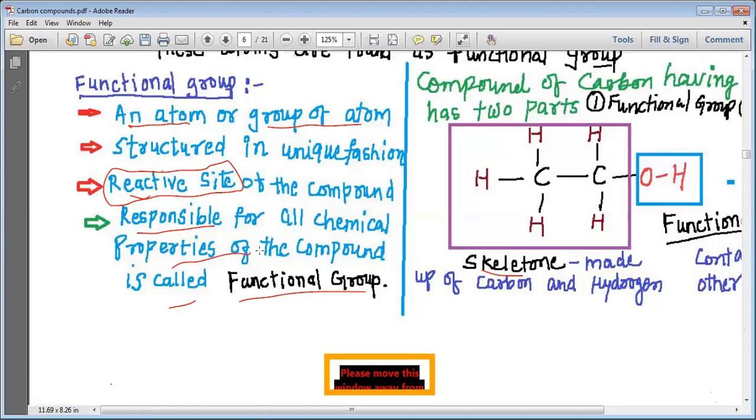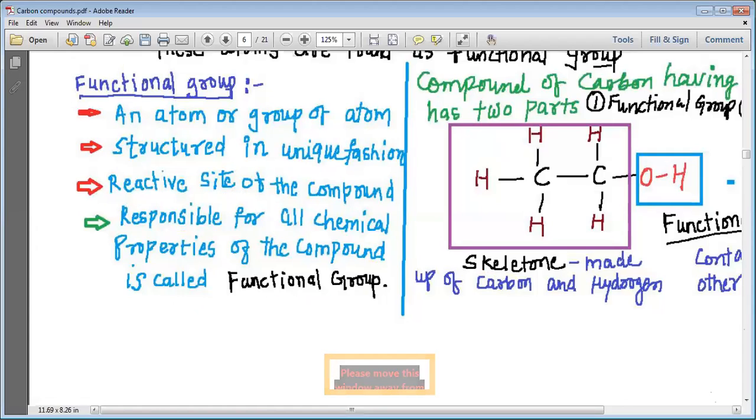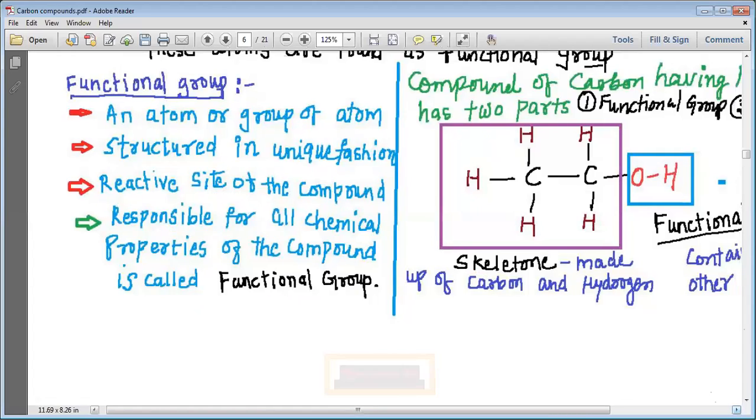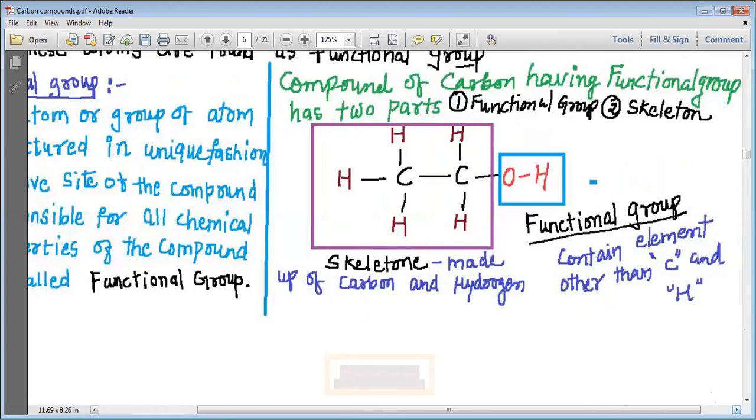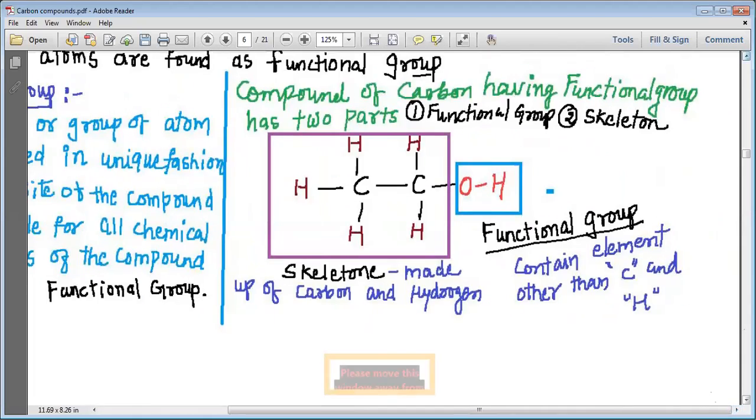So by using these four statements, my dear students, we can understand the definition of the functional group. Once again, an atom or a group of atoms structured in a unique fashion, the reactive site of the compound, and responsible for the chemical characteristics of the compound is known as the functional group.